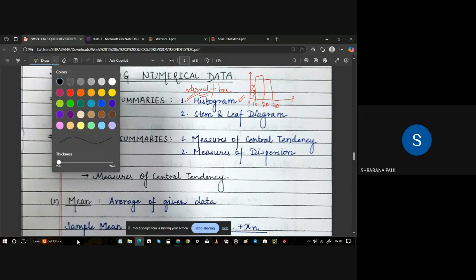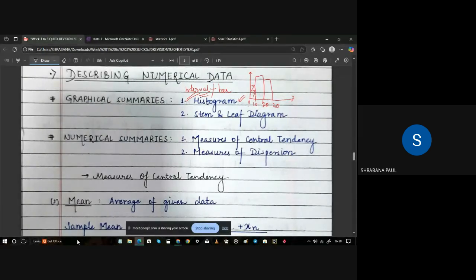In a stem leaf diagram, suppose you are given the data 23, 24, 25, 26. You have to represent these four data in a stem leaf diagram. How will you do it? Ma'am, can I say? Sure, go ahead. If you want to represent this, then for the stem you can consider 2, and for the leaf you will consider 3, 4, 5, and 6.